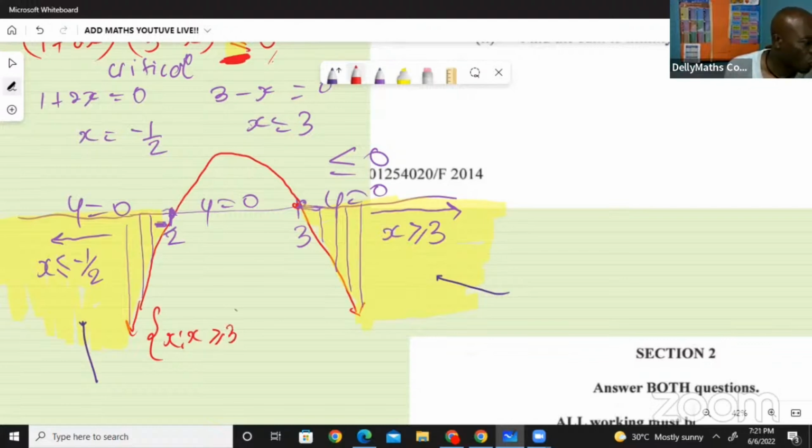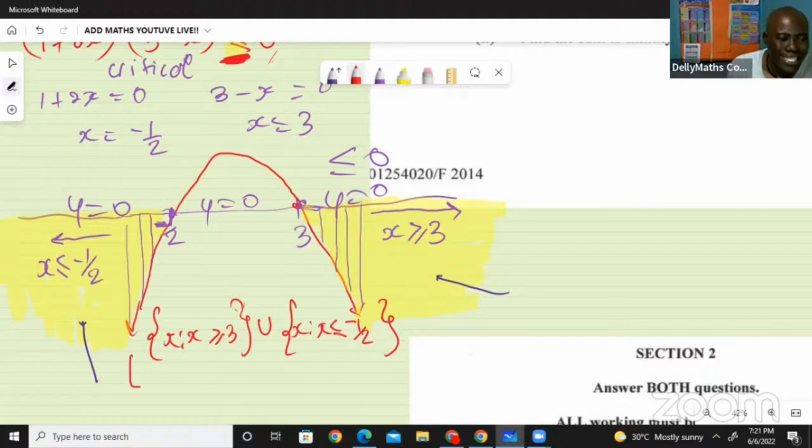And that is like one little thing. So I could have a little bracket there. And we want to unite that with the fact that x, hold on, let me write this, sorry, is less than or equal to negative a half. You close it off. So we're looking for a set notation response like that, where we unite the idea.